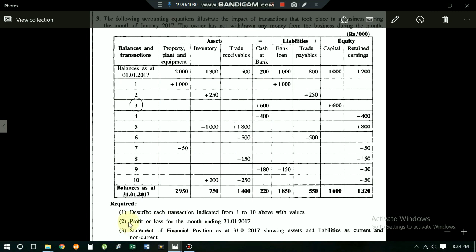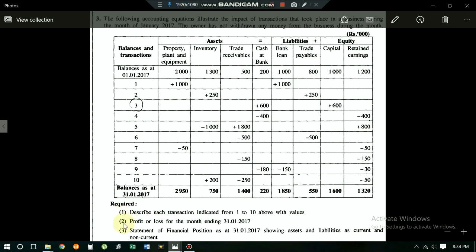What it says? Profit or loss for the month ending 31st of January 2017. That means you have to find profit or loss for a month. We know to calculate profit or loss, there are two methods available. We can use statement method or net profit equation.